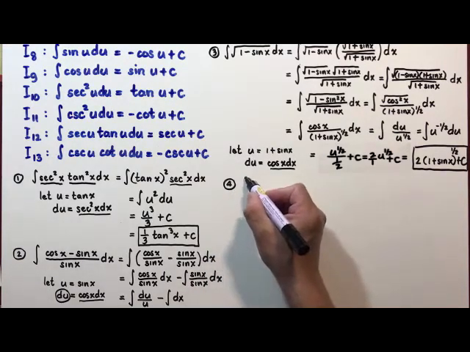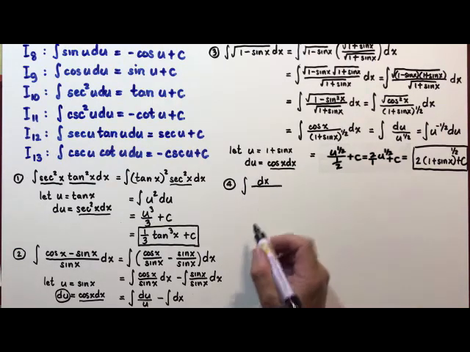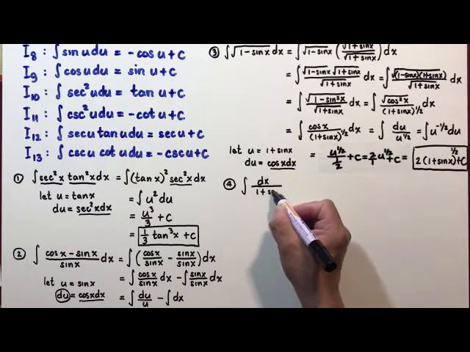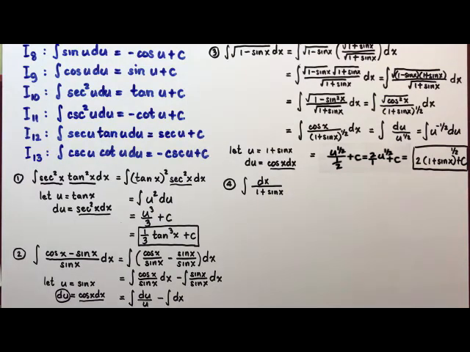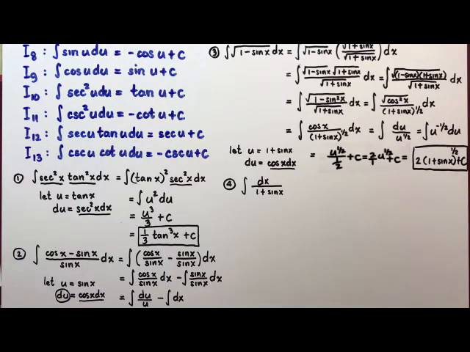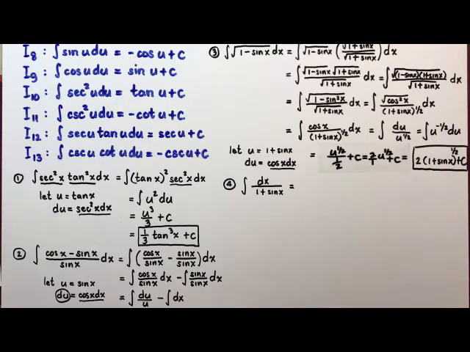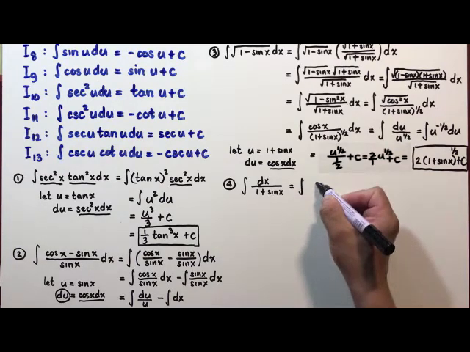What is the integral of dx over 1 plus sine x? Now you see, that's a little bit difficult. Why? Because if I let my denominator as my u, I cannot find my du in the integrand, because the derivative of sine x is cosine x, and I don't have cosine x there. So what you will do is to apply a little algebraic manipulation, that you must be clever enough.